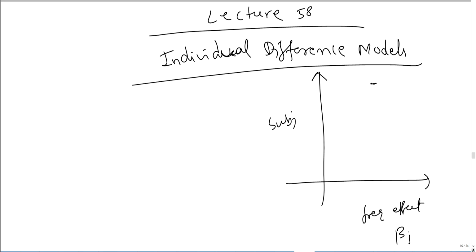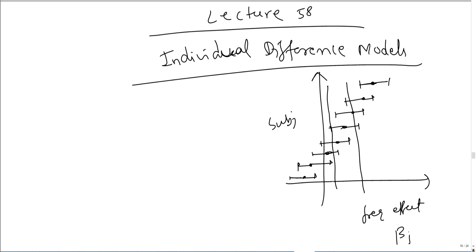Even though the subject level effects might look like this, let's say these are the actual subject level effects, when you calculate the population level effect, it would come somewhere around here.